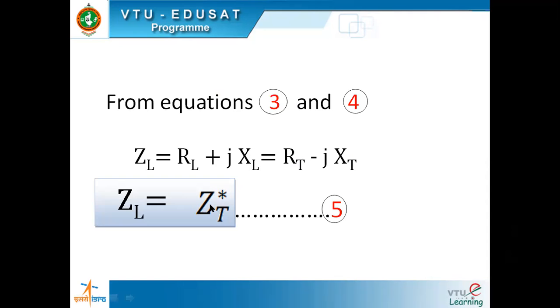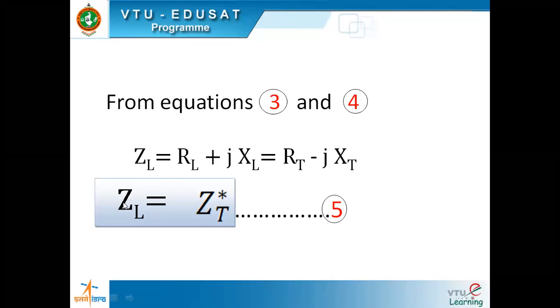So we have been obtaining equations now. ZL has to be what? ZL has to be the complex conjugate of ZT. That means the load impedance has to be the complex conjugate of Thevenin's impedance.